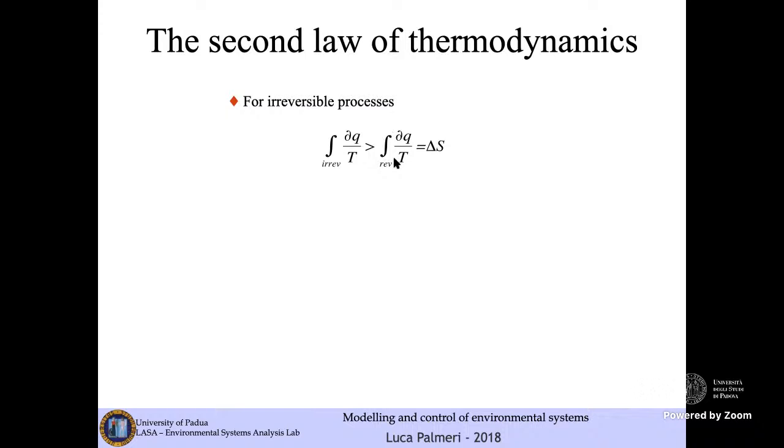In this case, and I remind you, it is the only case in which we may really calculate this integral, we may calculate the variation of entropy of the system.